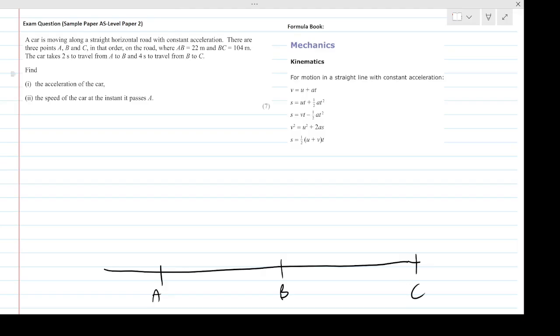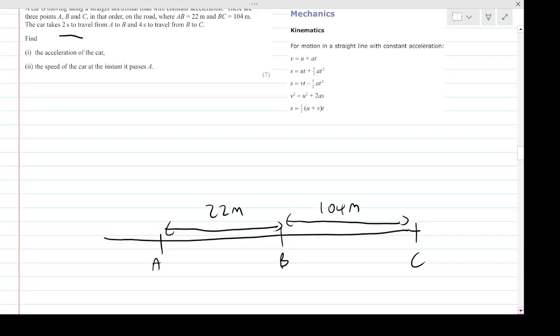A to B is 22 meters, let's label that on. And B to C, the distance is 104 meters. The car takes 2 seconds to travel from A to B, so the time here is 2. And the time from B to C is 4.